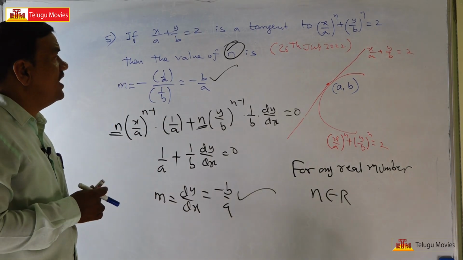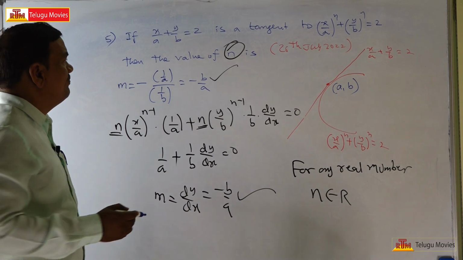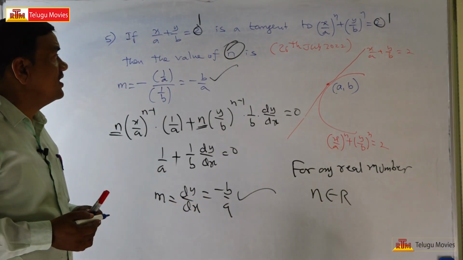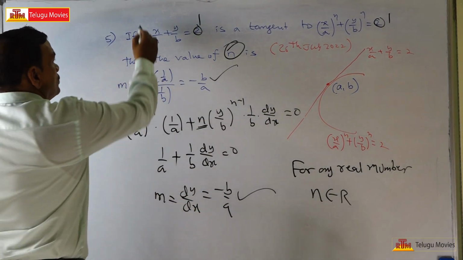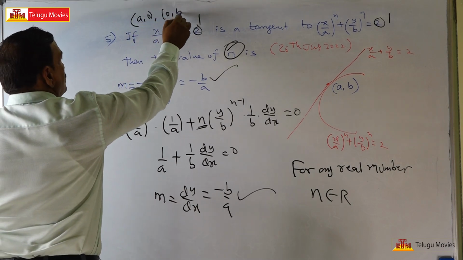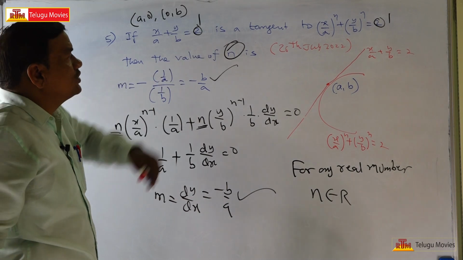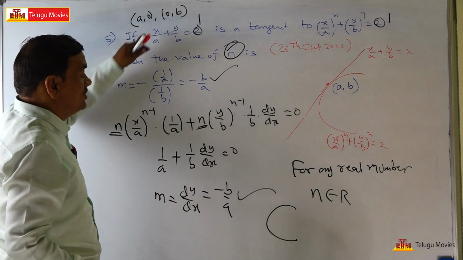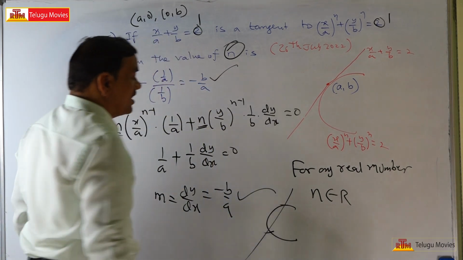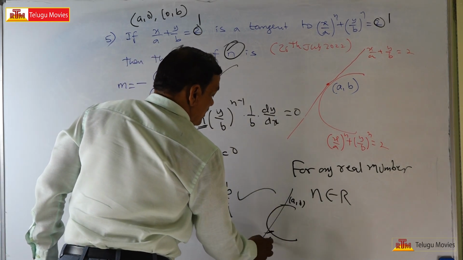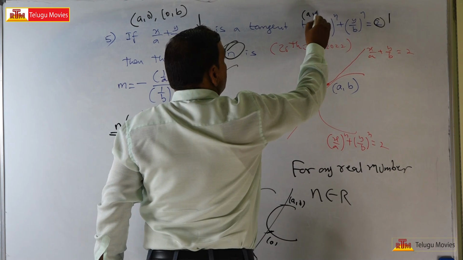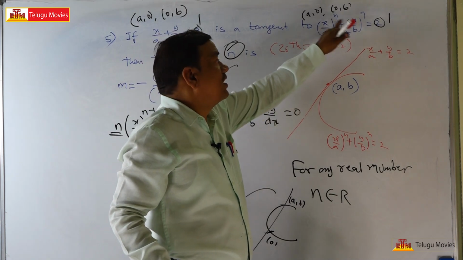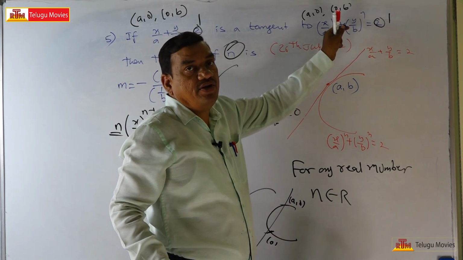I hope that you understand this solution. For example, if a is 1 and b is 1, then what will be the situation for x/a and y/b? The points are (a, 0) and (0, b). The point (a, 0) will satisfy the equation. Also (0, b): b by b is 1, so it satisfies.